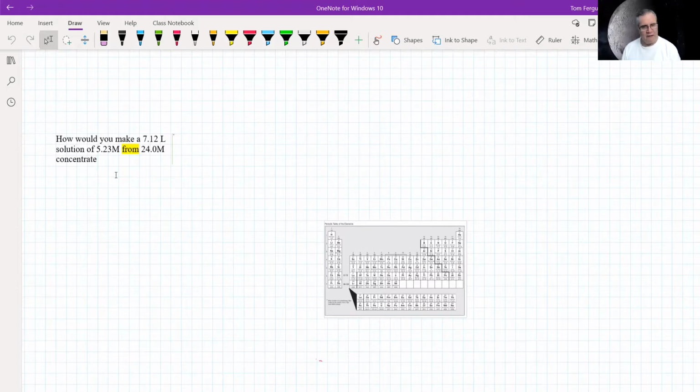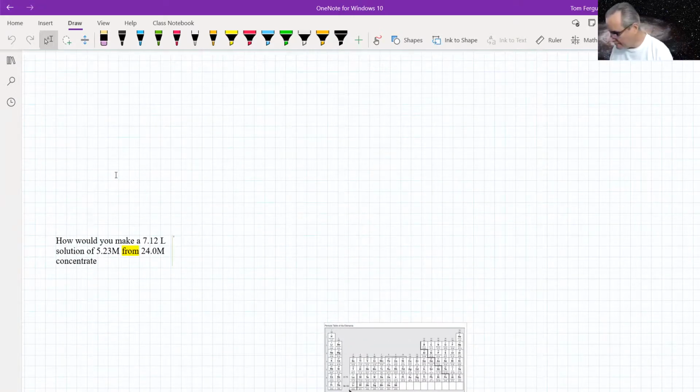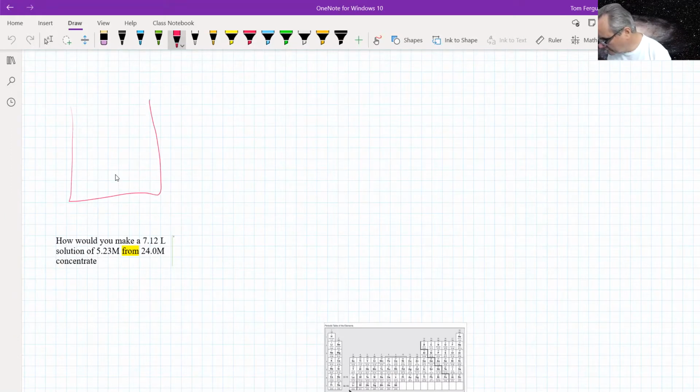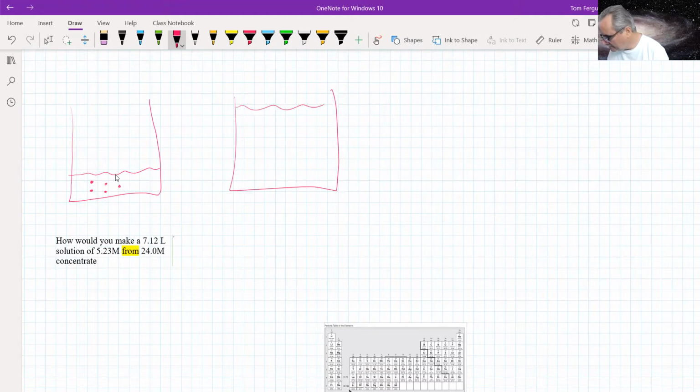Okay. The basis of this calculation is if we start with 5 molecules, and we increase the volume, this is say 1 liter, we increase the liter to say 6 liters.